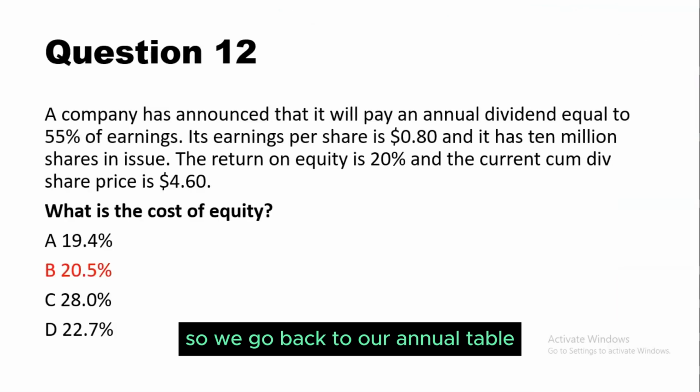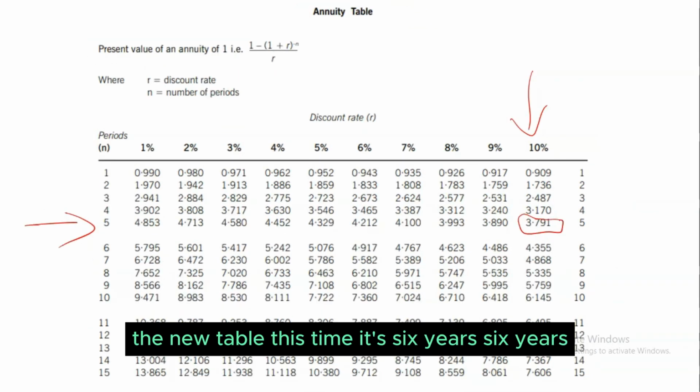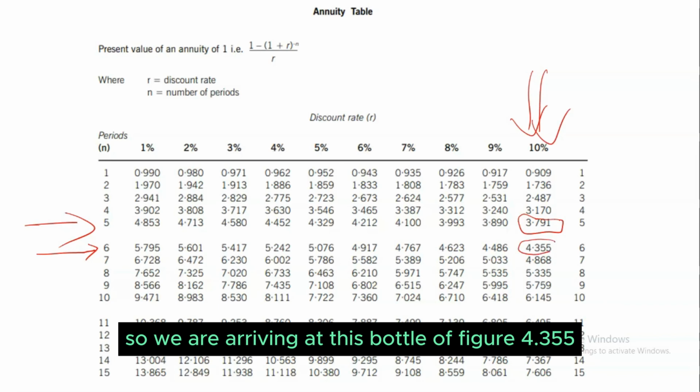So we go back to our annuity table. This time it's 6 years at 10%. So we arrive at this particular figure, 4.355.